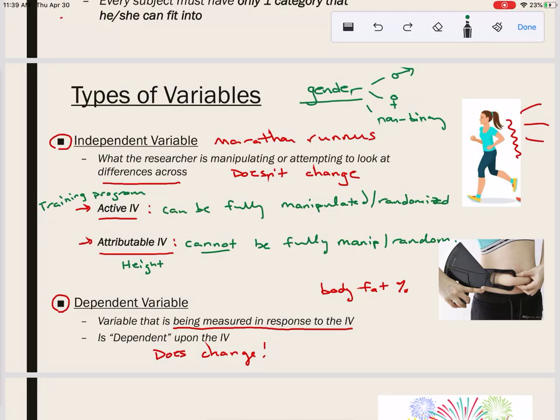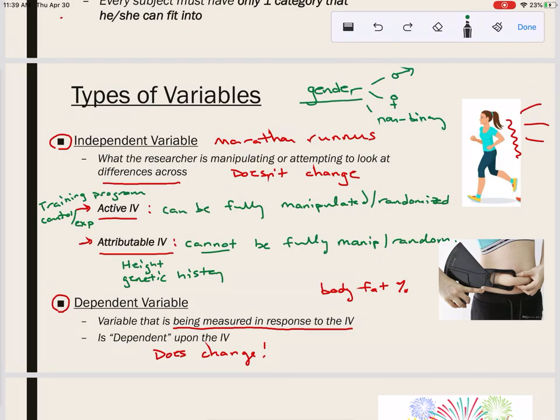But then there are some things that cannot be fully manipulated. Things like height. How are you going to randomize height? Someone is their height and you can't change it. If you're doing a physiological study, genetic history, you can't change that.